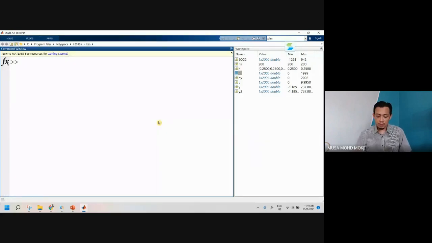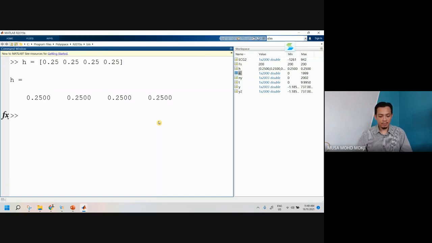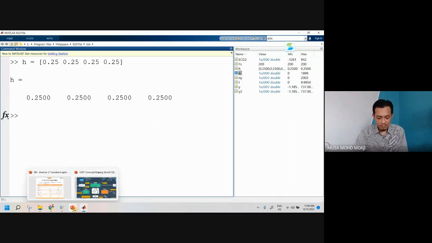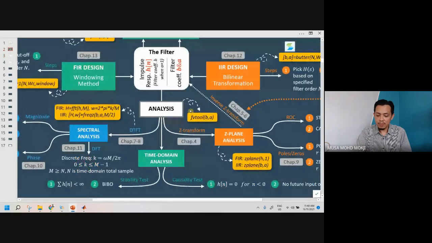So how about our filter? This is our H. When we have the impulse response, we can analyze it in the Z domain, right? So how to do that? For FIR, we can do the z-plane of H1. Actually there are a few other options to do this, but we can plot the z-plane using this function, zplane.